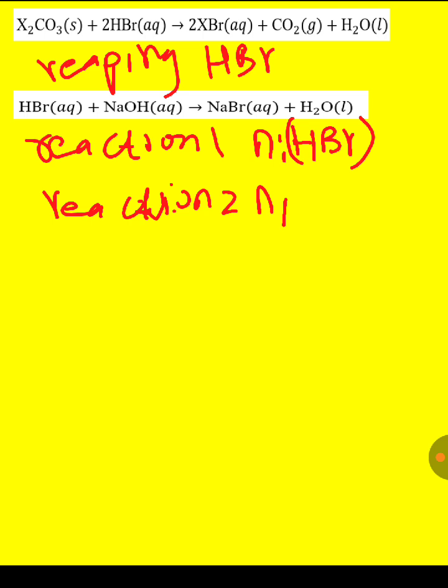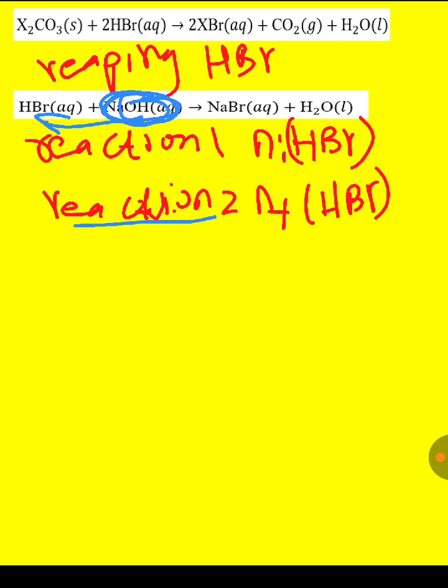I got the number of moles of HBr again, not directly, but by first finding the number of moles of NaOH, which is sodium hydroxide, then using a ratio to get there. That is for reaction 2. Then I found the number of moles reacted, which is equal to the initial number of moles minus the final number of moles. All of them are for HBr.